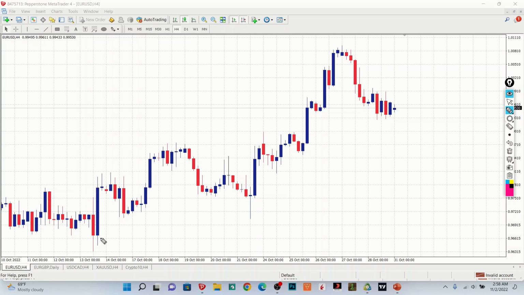So for example, if this is our point A, and then this is point B, then this is point C, then this is point D, this is point E, okay, then you shall have F. So we want to find out if point C was a Fibonacci level, point E was a Fibonacci level, and if this point is also a Fibonacci level.